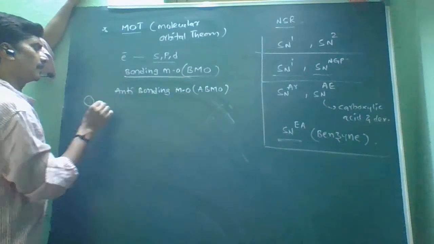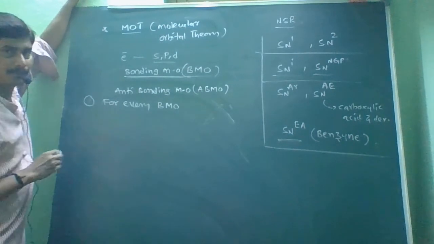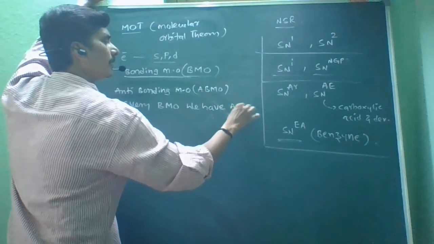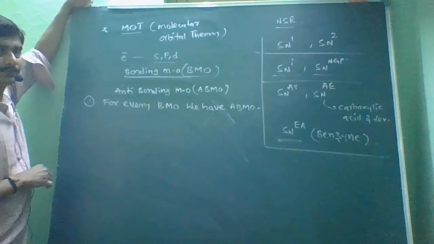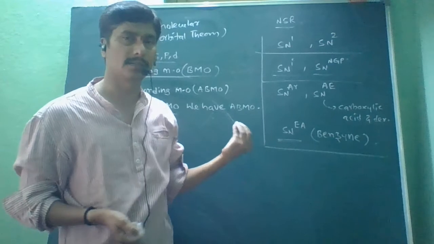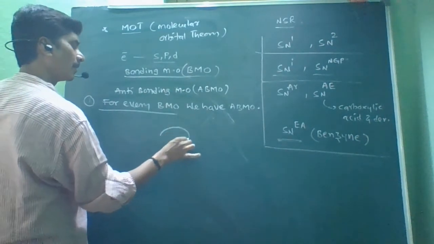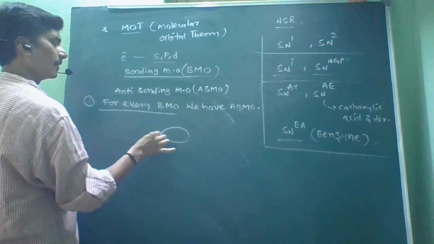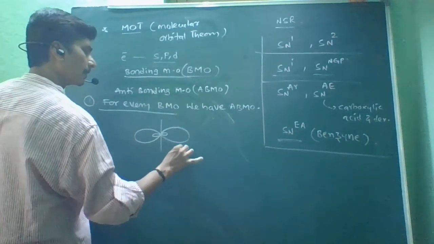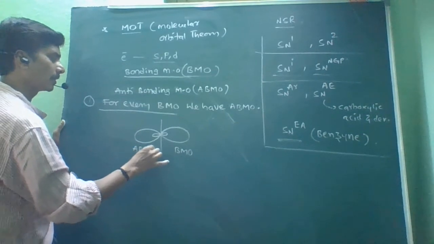So for every bonding molecular orbital, a corresponding anti-bonding molecular orbital is also present.